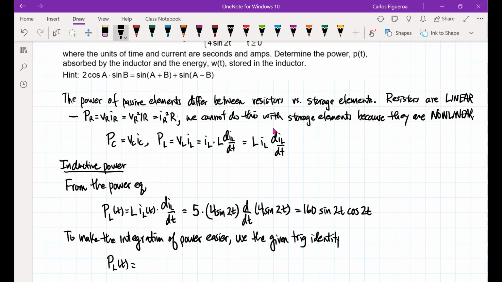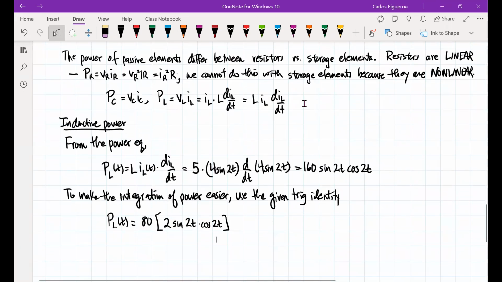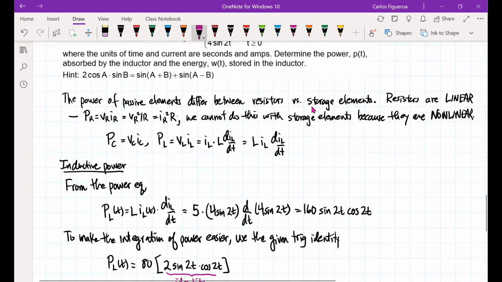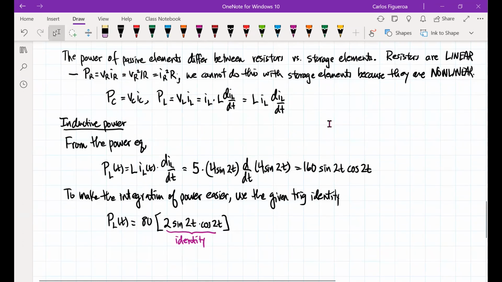I'm going to pull out a 2, which gives me 80 times 2 sin 2t cos 2t. And here's where I'm going to apply the identity. So now I'm going to have two sines where I add and subtract them.